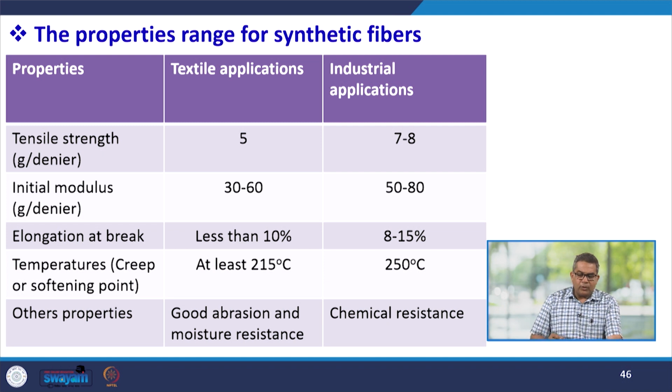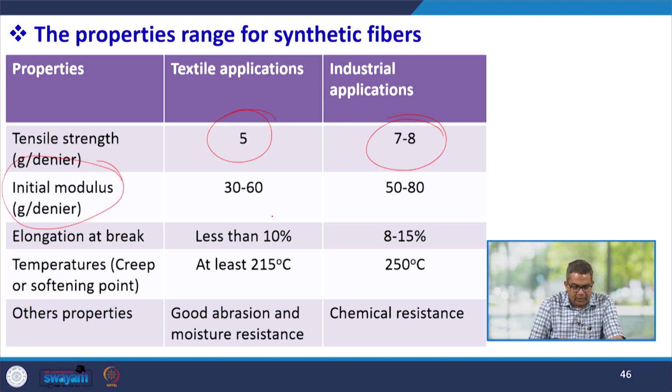Now here you see the properties range for the synthetic fiber. Now properties, the tensile strength in gram per denier, for textile application must be 5, and for an industrial application it should be between 7 to 8. Then initial modulus, again gram per denier, for the textile application it should be 30 to 60 and 50 to 80 when we talk about the industrial application.